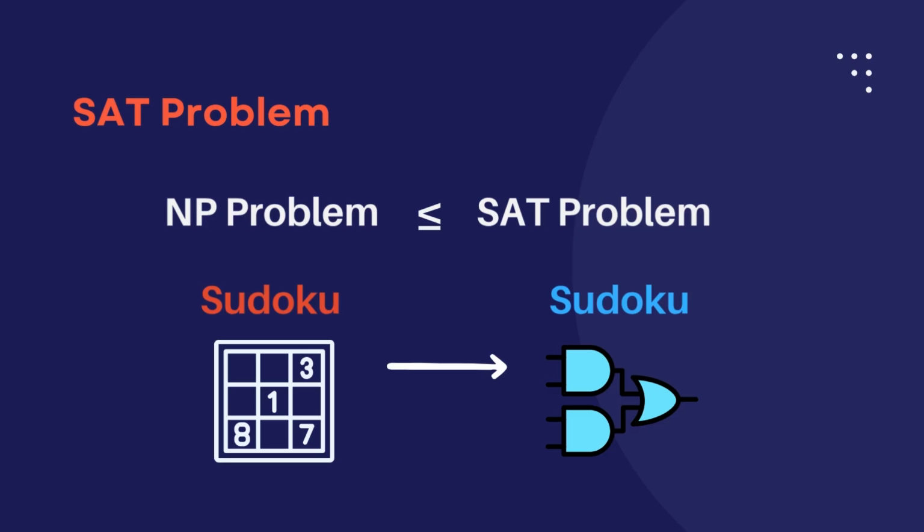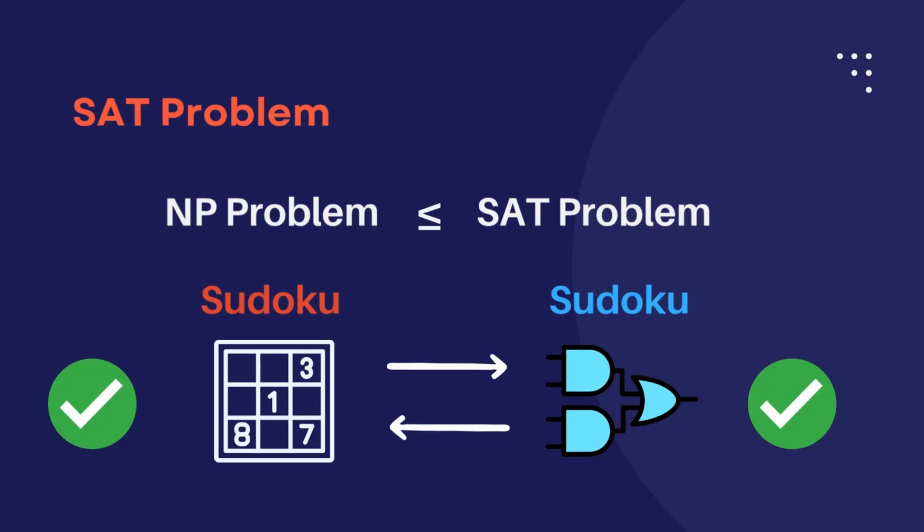So if we had an efficient algorithm that could solve SAT, we could use it to solve the converted version of Sudoku and then just translate the SAT solution back into a Sudoku solution. This logic doesn't just apply to Sudoku, it applies to every problem in NP. That's why solving SAT in polynomial time would effectively give us a way to solve all NP problems efficiently.